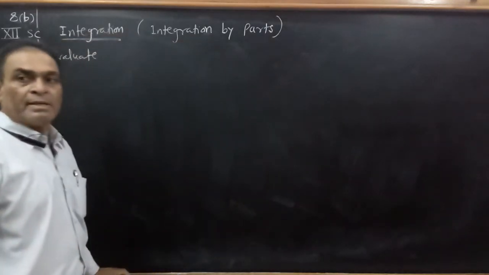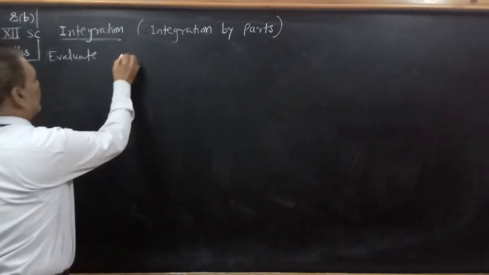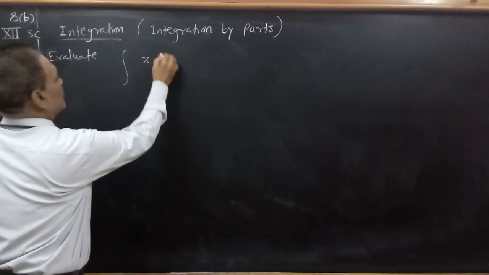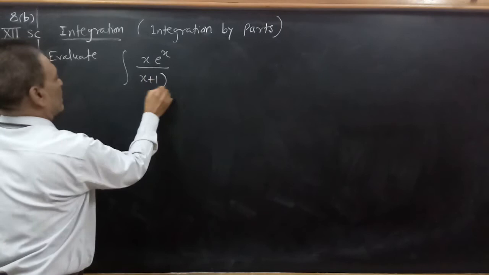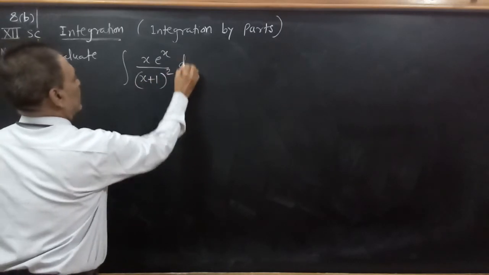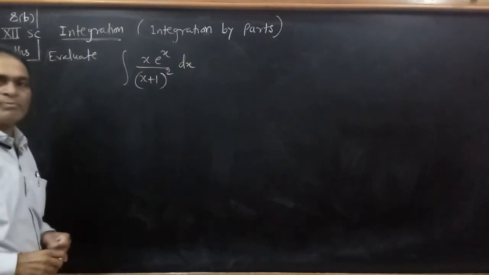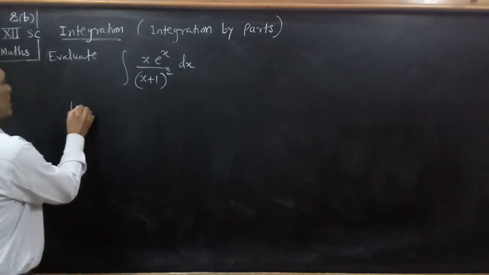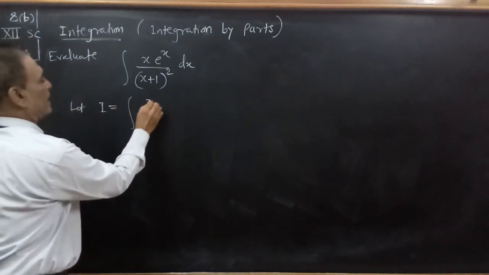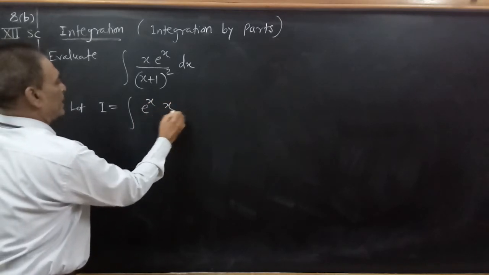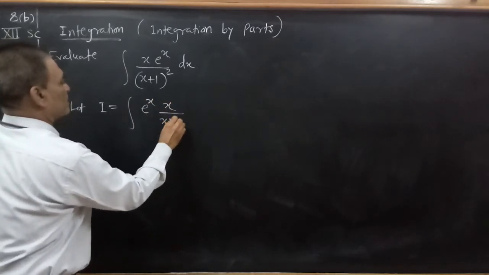The second question is like this. Evaluate integration of x e raised to x divided by x plus 1 bracket square into dx. First of all, you can start in this way. Let I equal to integration of x e raised to x divided by x plus 1 bracket square into dx.